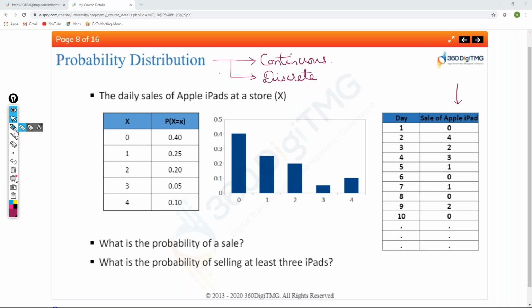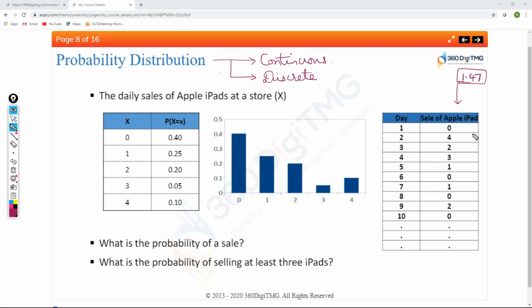Continuous data means data which can take decimal values. So for the sale of Apple iPads, can I sell 1.47 iPads?